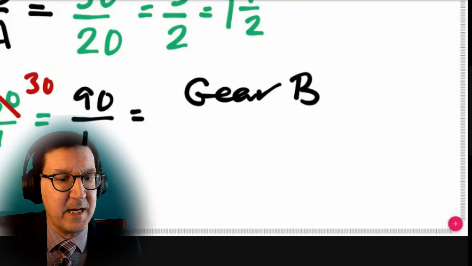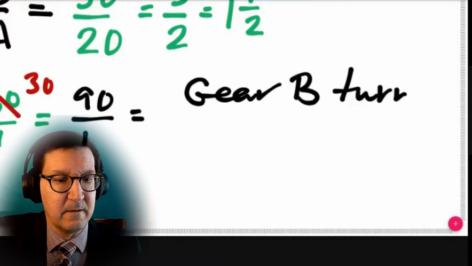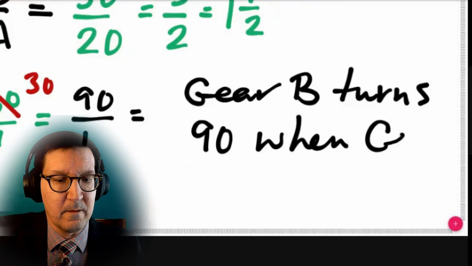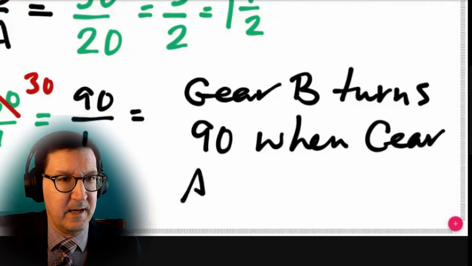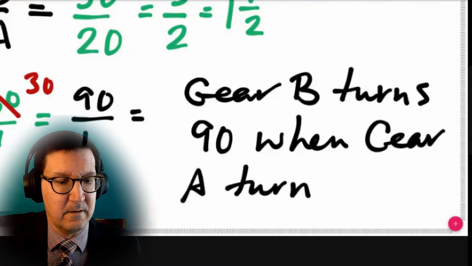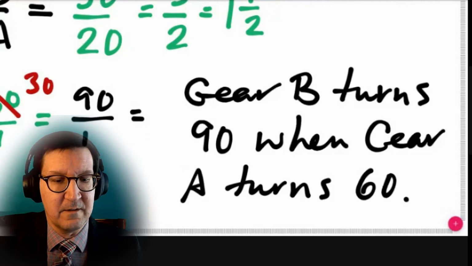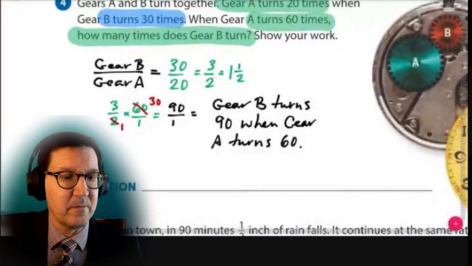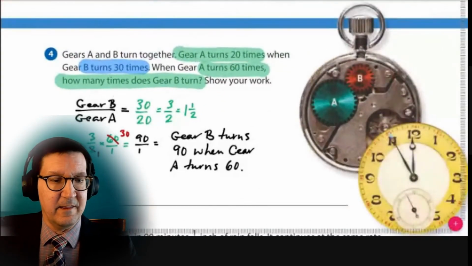So gear B turns 90 when gear A turns 60. And there we go.